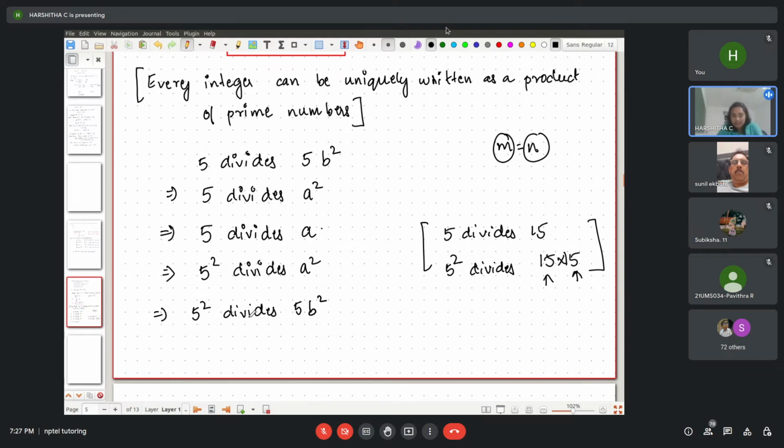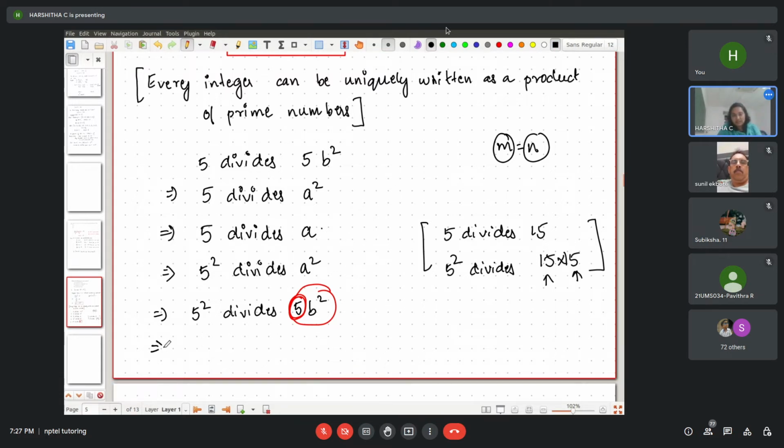Right? So what does it mean? This 5b square has two factors of 5 coming in. But only one is taken into account here. So the other factor has to come from this b square.